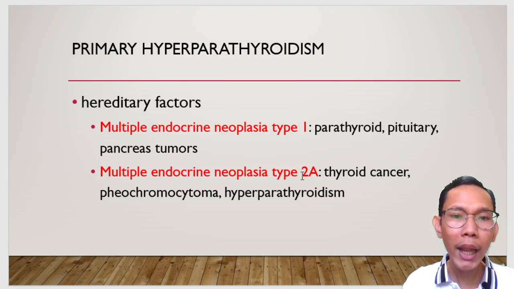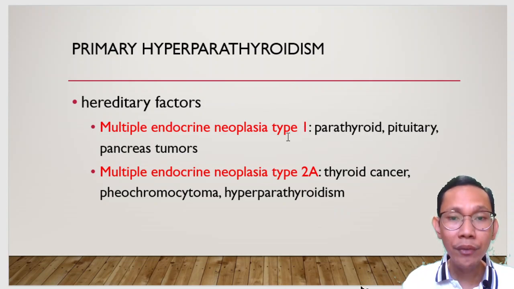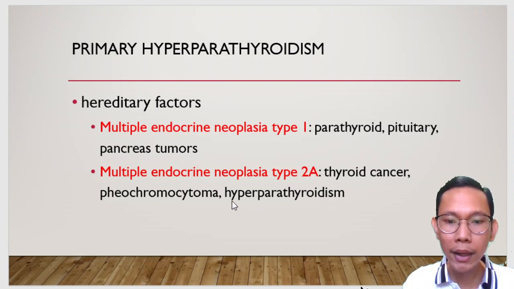So in your MEN 2A, it is a combination of your thyroid gland, your adrenal gland, and your parathyroid gland. So sa type 1 and type 2A, they have a similar carcinoma in your parathyroid gland. But they differ in two different glands, which are your pituitary and pancreas sa type 1, thyroid and adrenal sa type 2A.